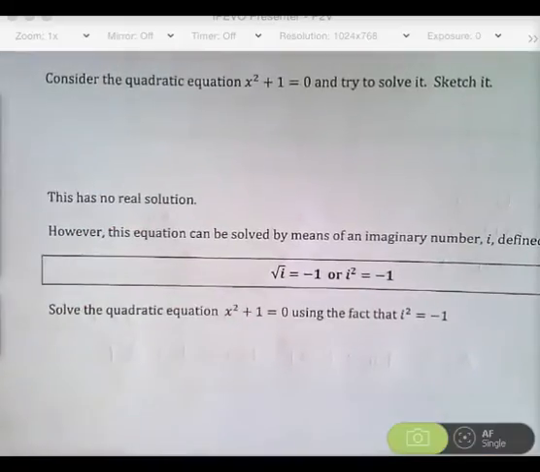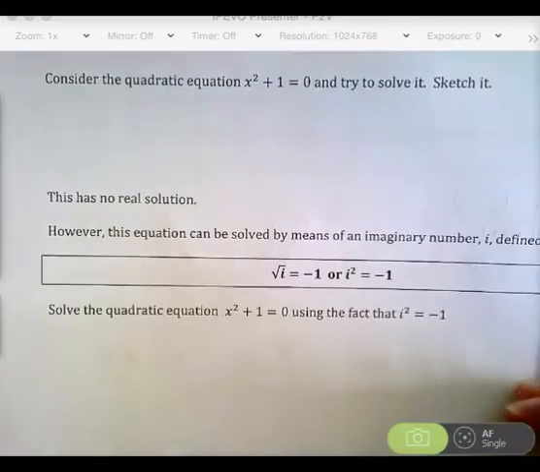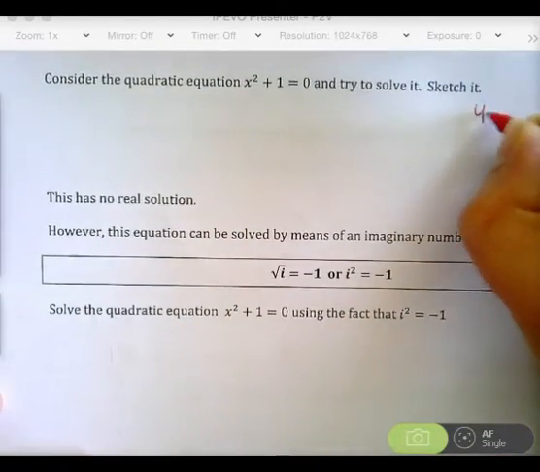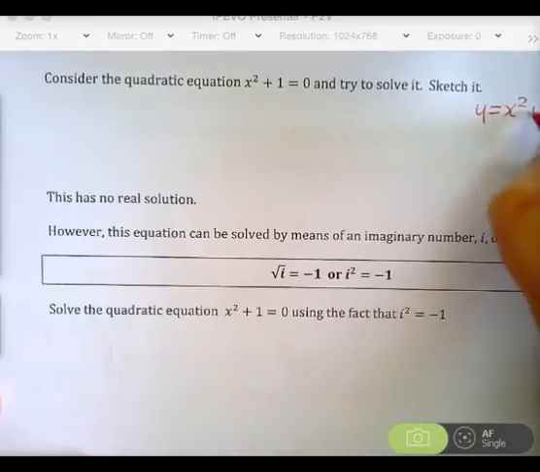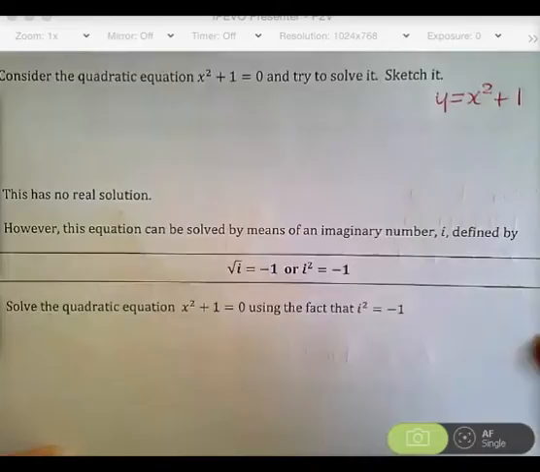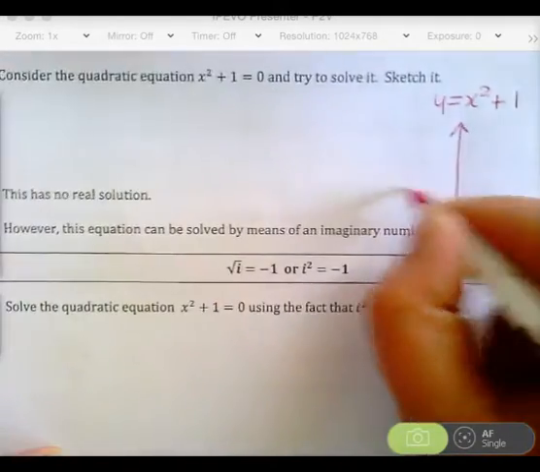So over the page, consider the quadratic equation x squared plus 1 equals 0 and try to solve it. If you sketch it, you're supposed to be sketching y equals x squared plus 1. That's what you do to sketch it. You sketch that and see if it ever equals 0.